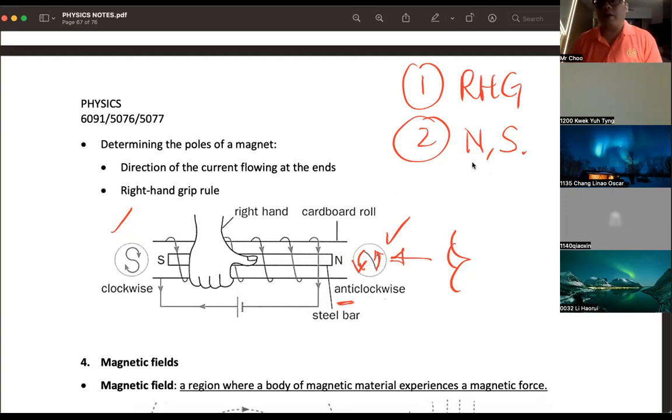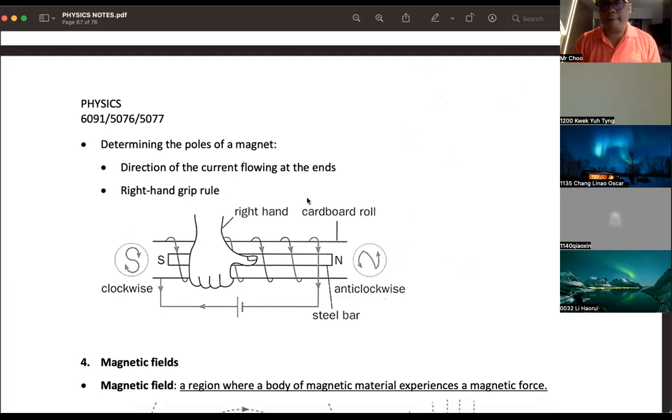Okay, thank you, Yi Ting, Wei Kuan, and Hao Rui. How about the rest of you? Okay, Oscar prefers the first one. Did your school teacher teach both methods to you? Okay. Wei Kuan says your school only teaches the right hand grip rule.